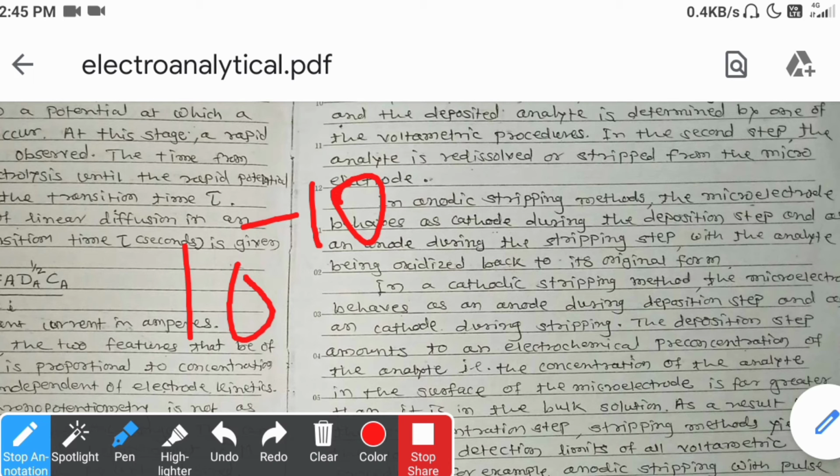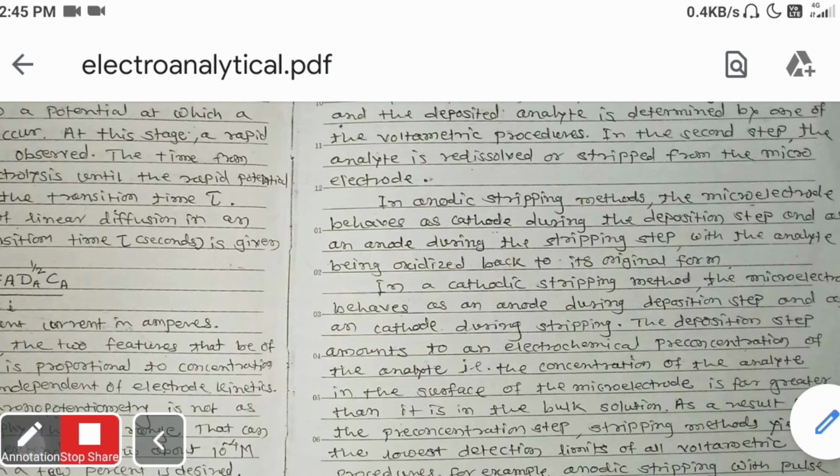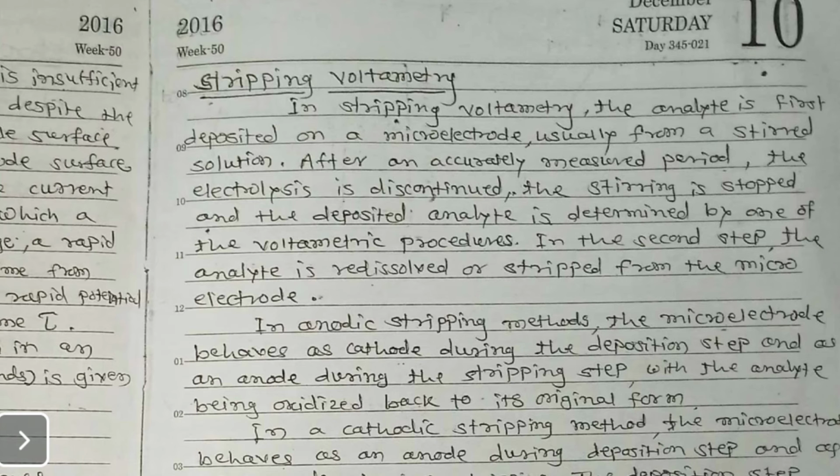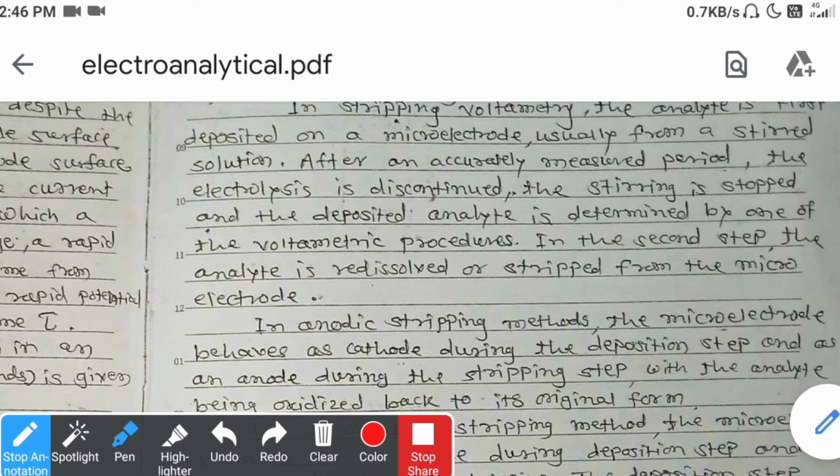Based upon the stripping method that has been used, these techniques are classified as anodic stripping and cathodic stripping voltammetry. First of all, we will see the principle of this stripping voltammetry. In stripping voltammetry, the analyte is first deposited on the microelectrode from the stirred solution. The solution is in stirred form.